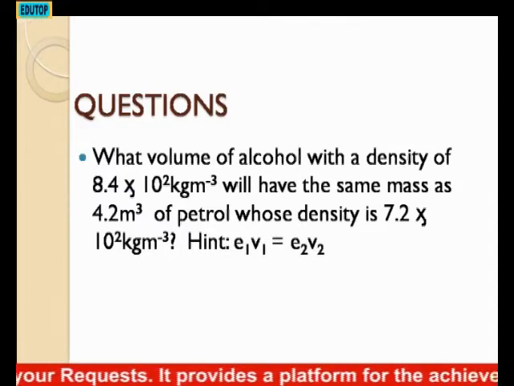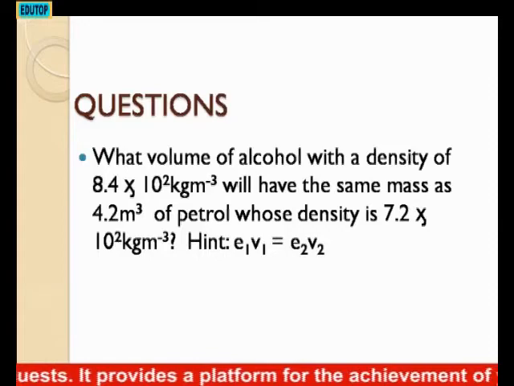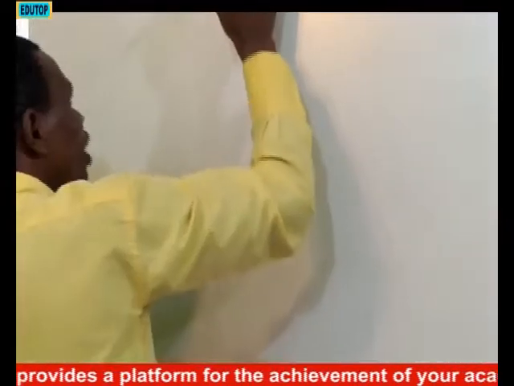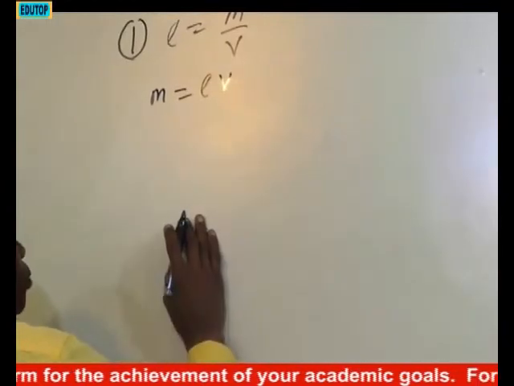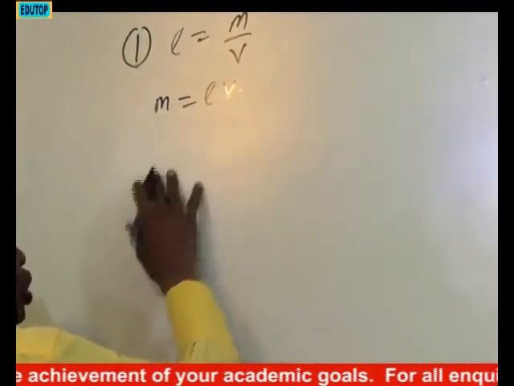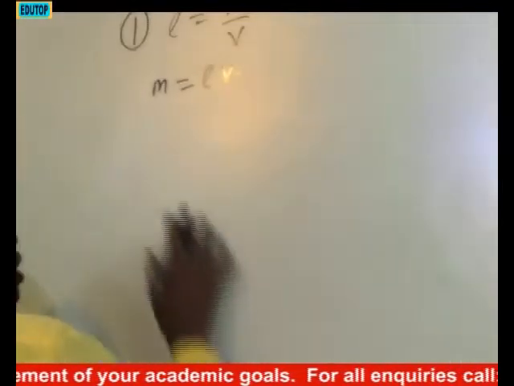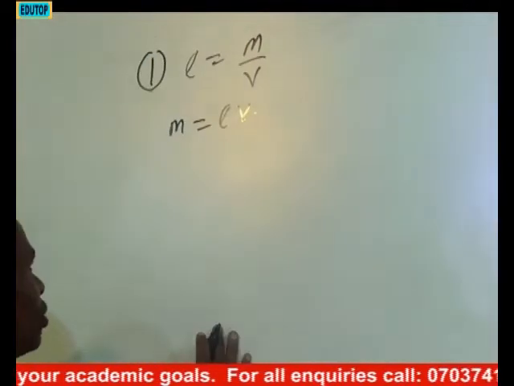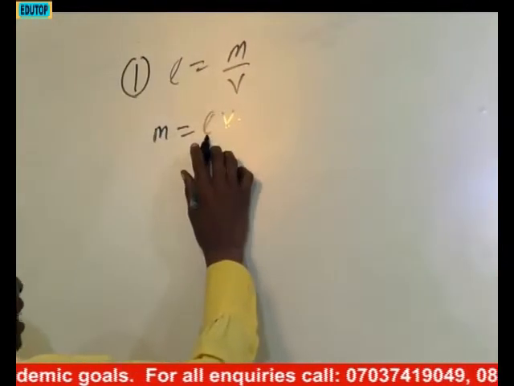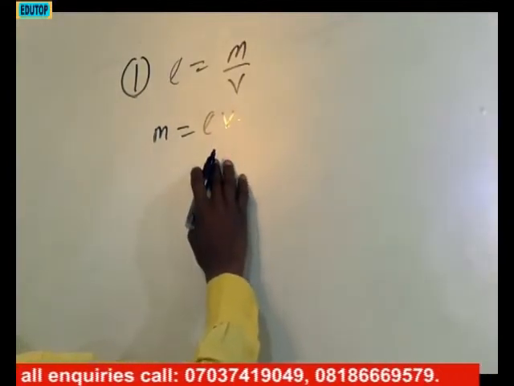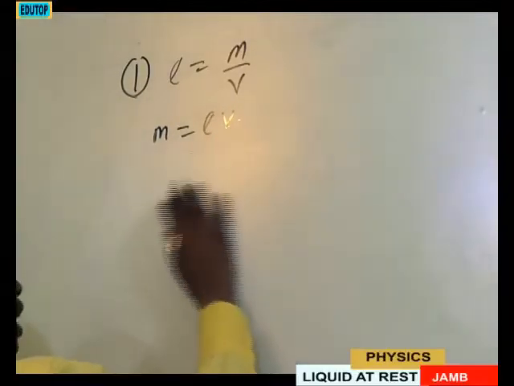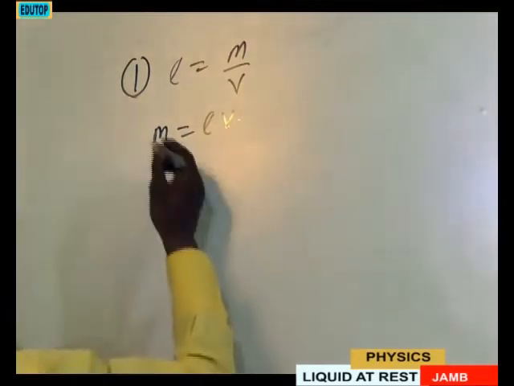We define density as mass over volume, which means mass is equal to density times volume. We are told that we have two substances that have the same mass with different densities and different volumes.